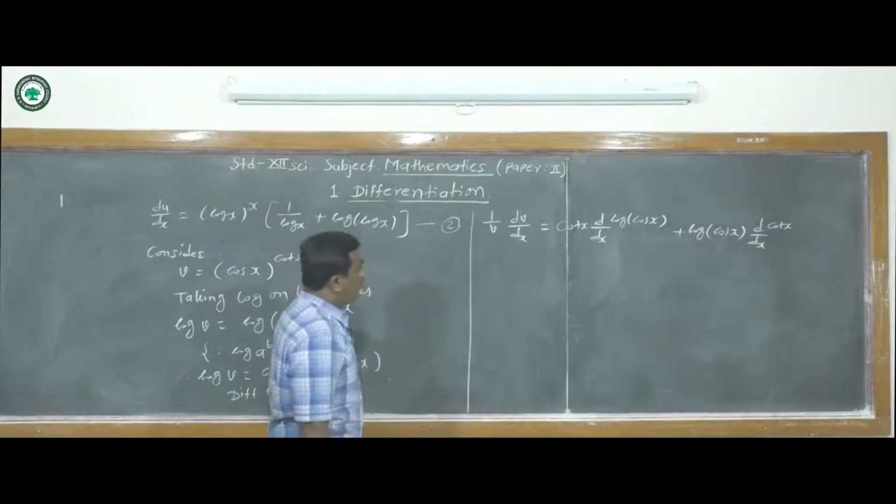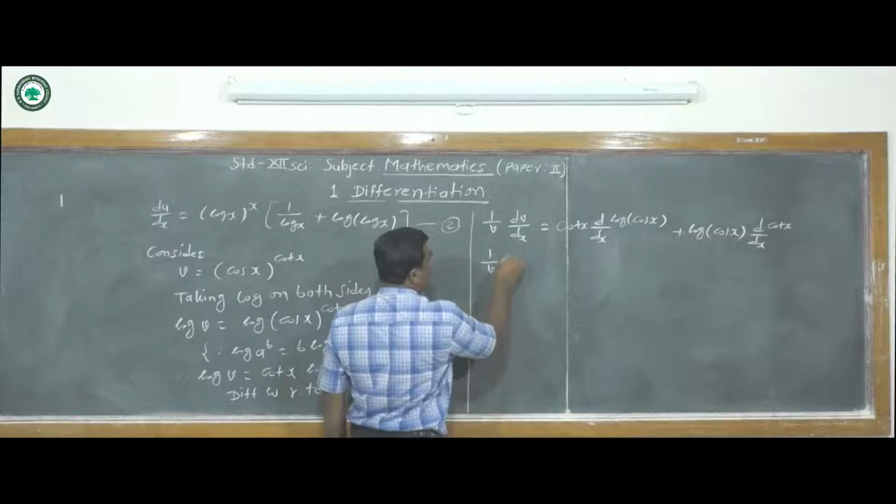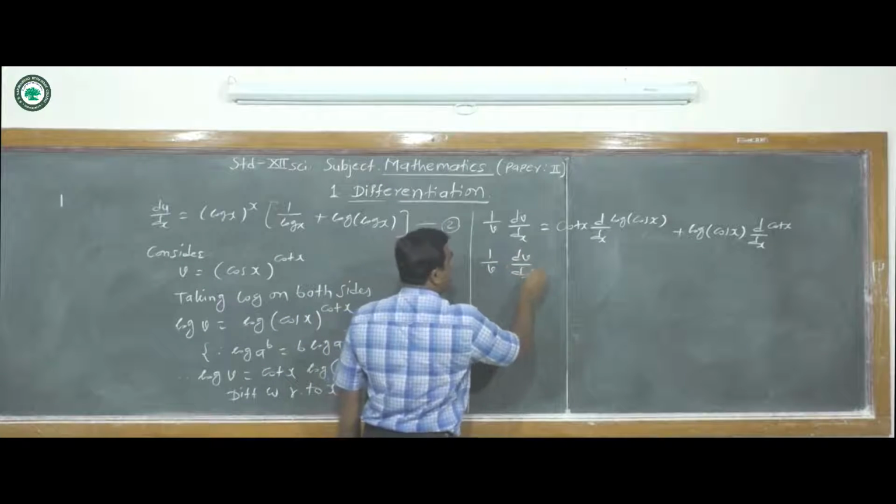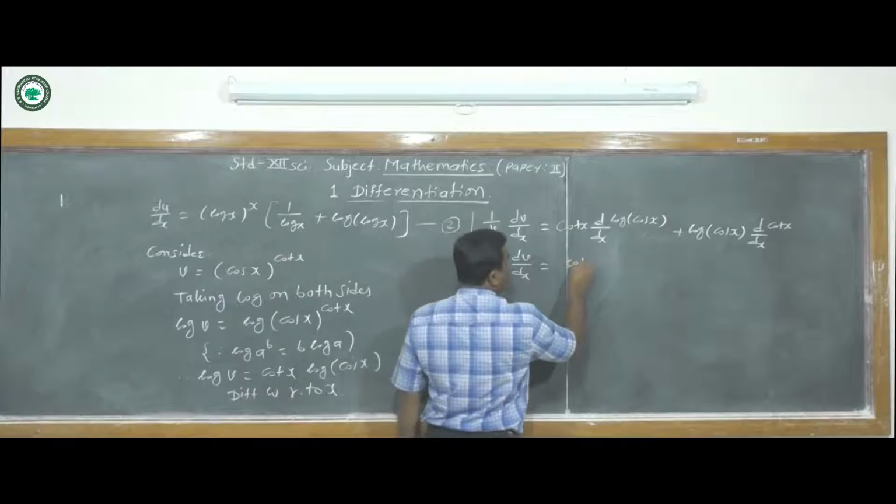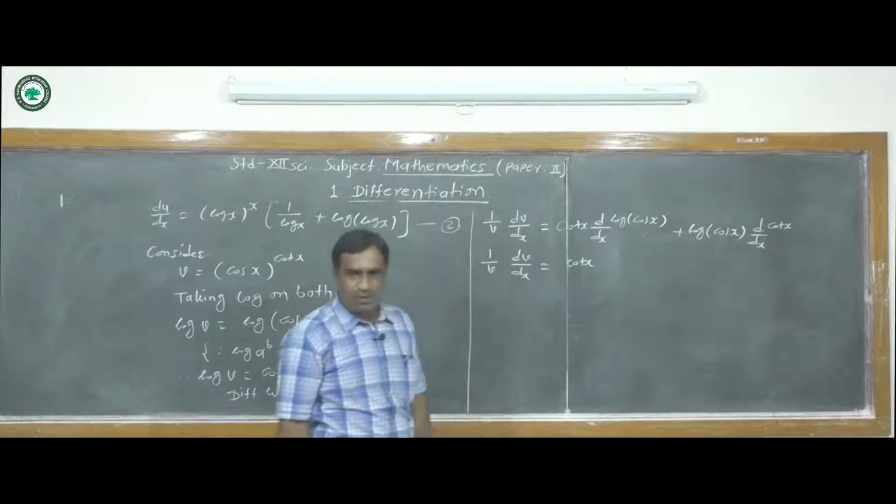Okay, now 1 upon v into dv by dx is equal to cot x into derivative of log of cos x.